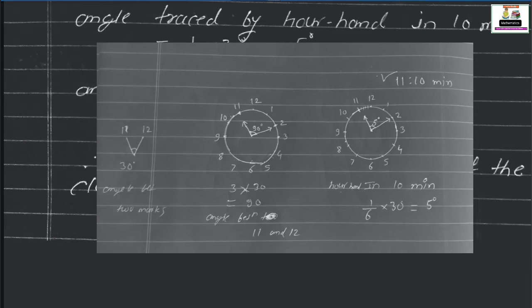Then subtract these two angles, and we get 85 degrees.